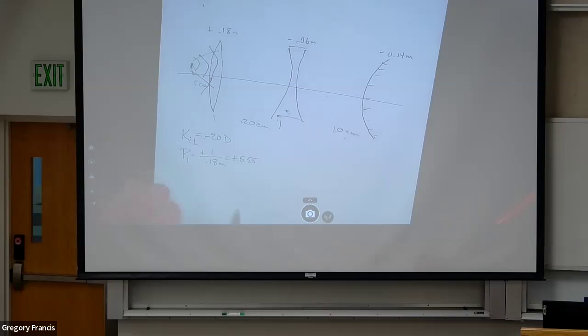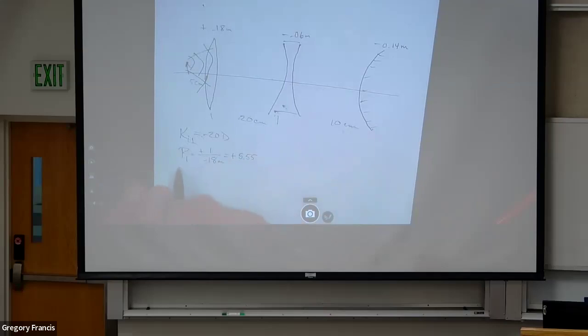And so this is going to be a virtual image. We can see that by doing K initial 1 plus power 1 is equal to K final 1. And so I've got negative 20 plus 5.55.